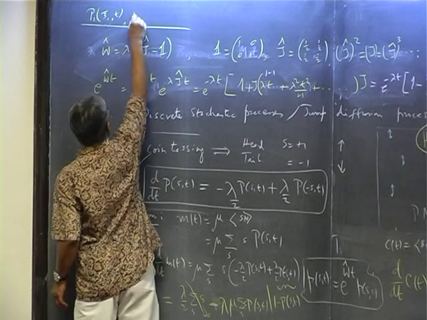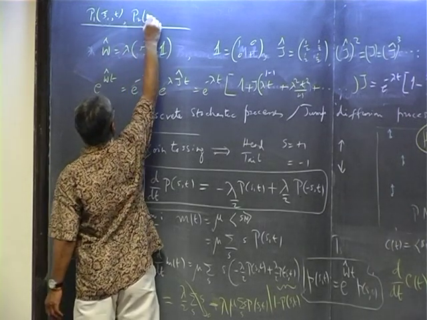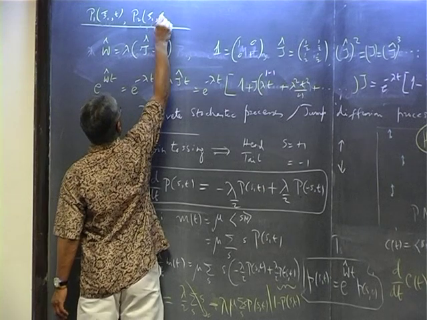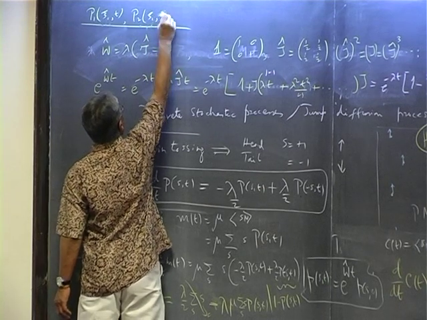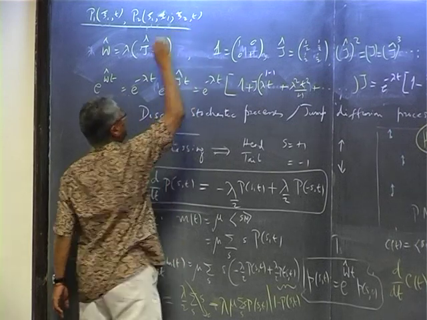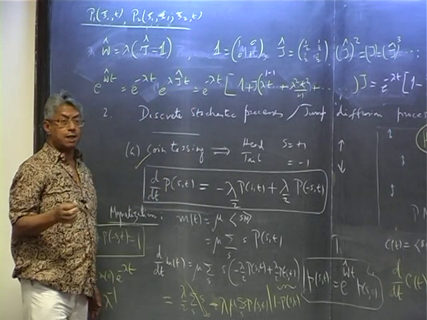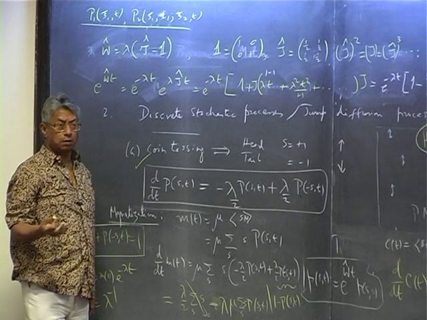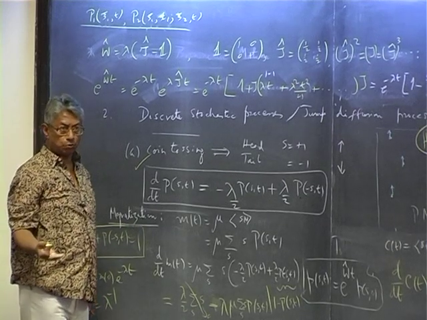So now you need P2, which is a joint probability that your stochastic process xi has the value xi1 at time t1 and xi2 at the time t2.